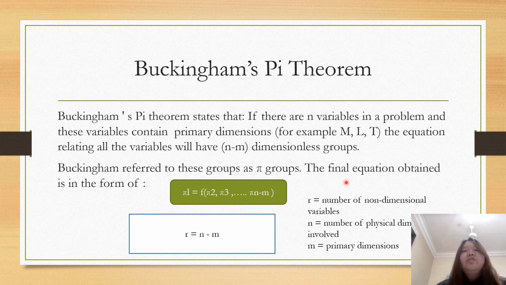The final equation obtained is in the form of this, right? So this is the basic formula that we can get for the Buckingham's pi theorem, where R equals the number of non-dimensional variables and equals the number of physical dimensions involved, and M is the primary dimensions.